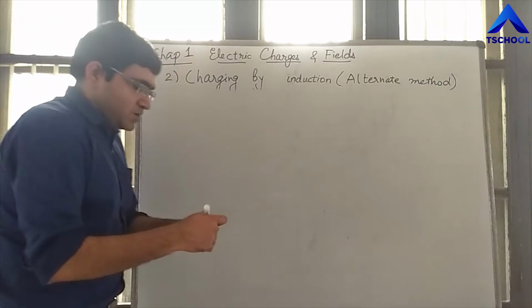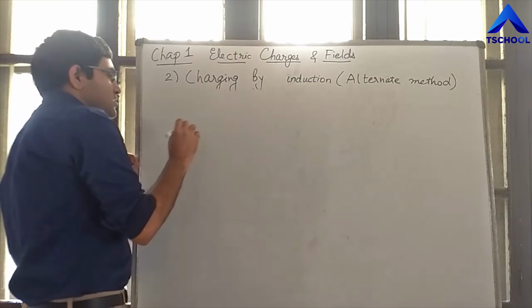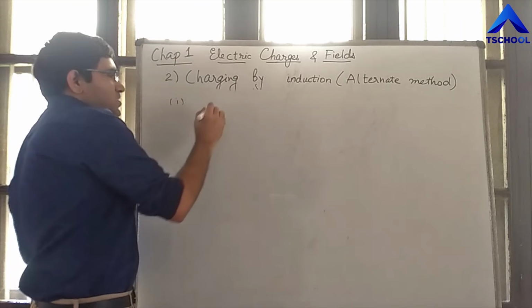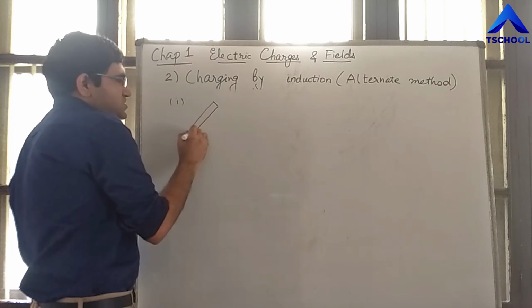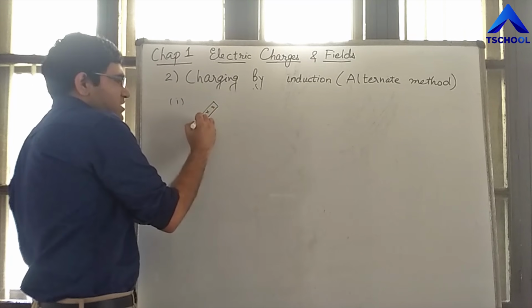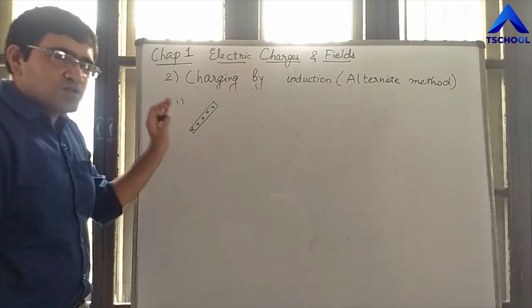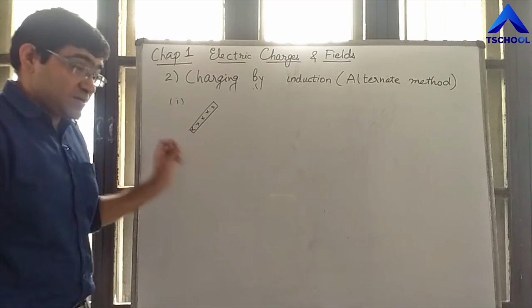Now the method. See here also, in the first step, we have some object that is already charged. Remember, induction cannot be started off with a neutral object. You have to have some object that is already charged.